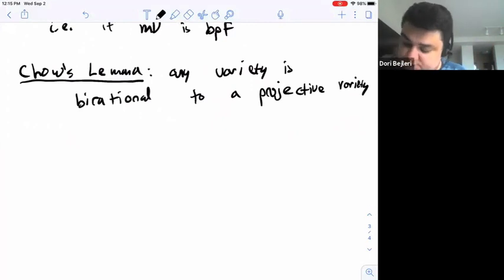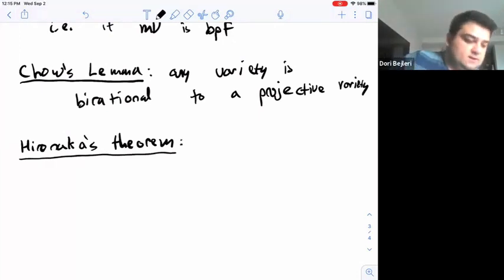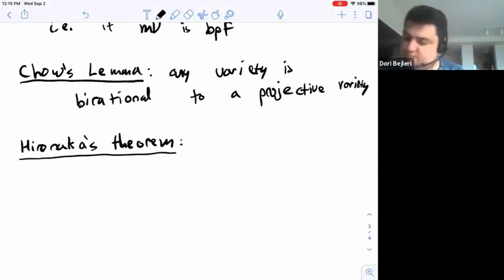And then a much harder theorem is resolution of singularities, or Hironaka's theorem. For now, I'll just state a very weak form, and later in the class we'll need a stronger form.